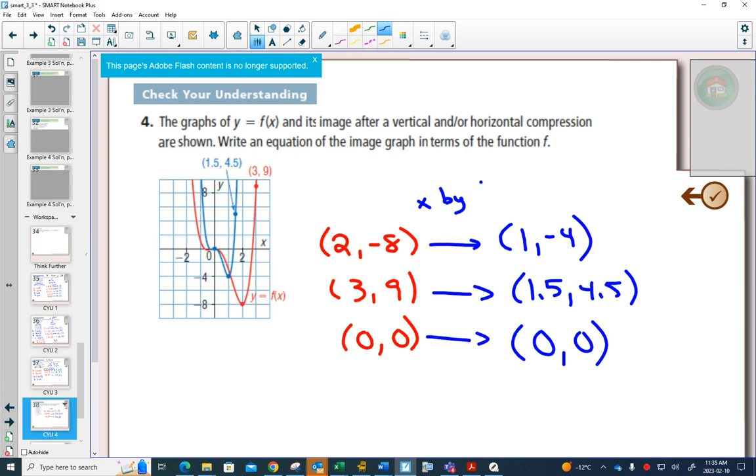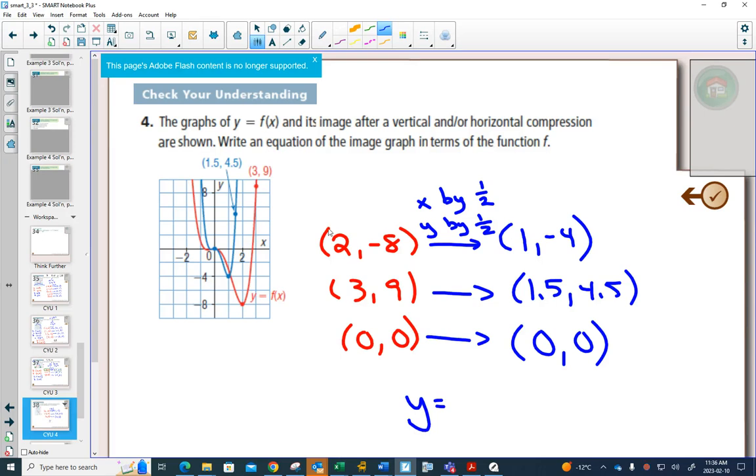Yes. A half. What about the y values? Negative 8 to negative 4, 9 to 4.5, 0 to 0. Is there something y was multiplied by? Also, a half. So you see how we're working backwards? We had the points, and we figured out these. If we have these, we can figure out the equation.